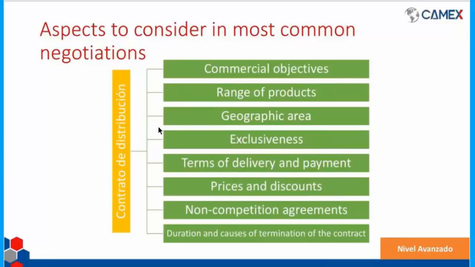You also have to talk about the range of the product, which is the diversity of your product line, okay? You're going to talk about a geographic area because sometimes the broker wants some kind of exclusiveness because they want to be the only provider of this kind of product in their geographic area, because that gives them some competitive advantage and strength when they are trying to put your product in a commercial store.